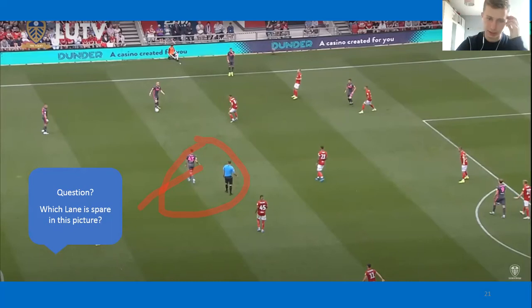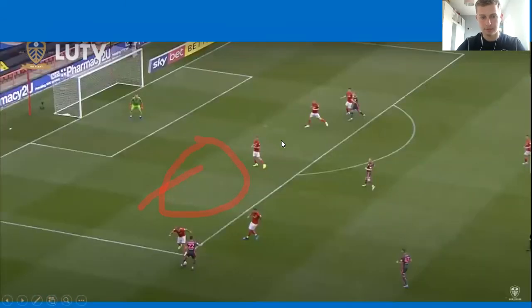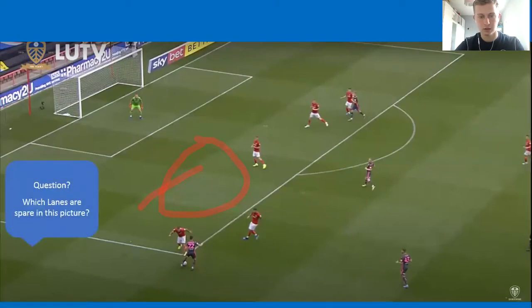If you just say half space, it's the only one in the picture, so it's easy. But you know, it is the left half space or lane 2. So that was a nice easy one. How about now? Which lanes are spare? You have a minute to have a look, work it out.